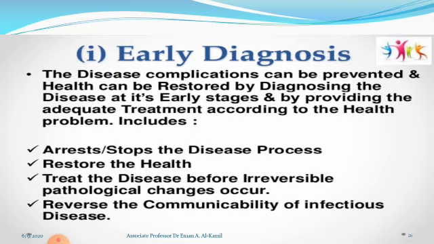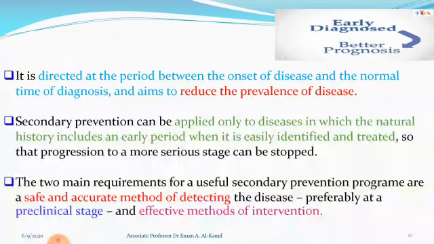That is by providing adequate treatment according to the health problem, such as arresting or stopping the disease process, restoring the health of the individual, treating the disease before irreversible pathological changes occur, and reversing the communicability of the infectious disease. So early diagnosis means a better prognosis. That means the pathological changes should be stopped.